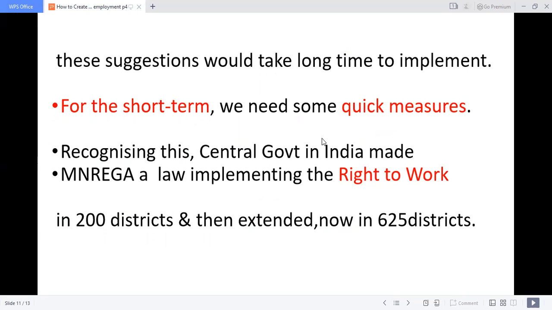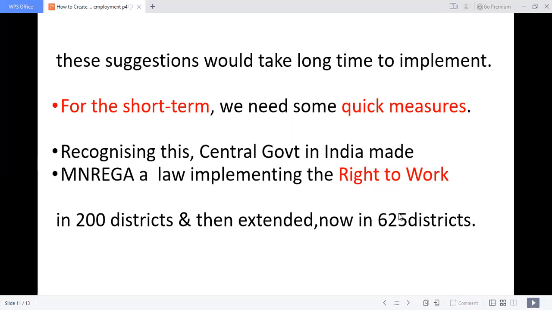In India, the central government made MNREGA a law implementing the right to work. Under the Right to Work Act, the government has implemented the program called MNREGA. This is the Employment Guarantee Act, which was first introduced in 200 districts, then extended.